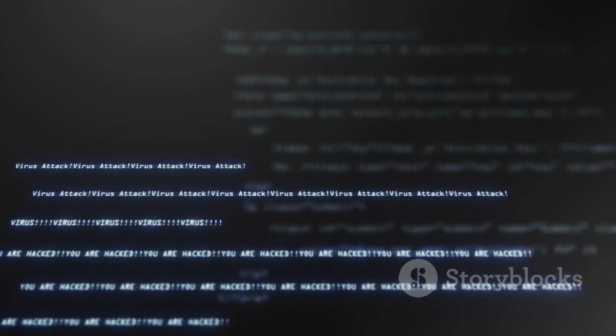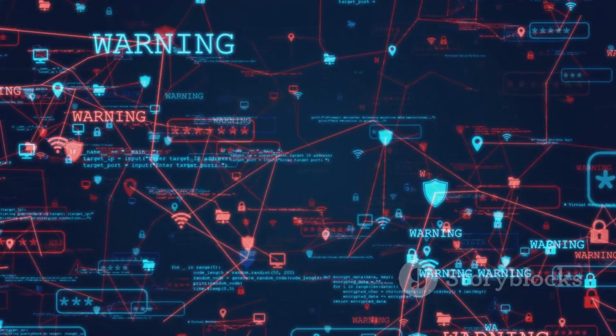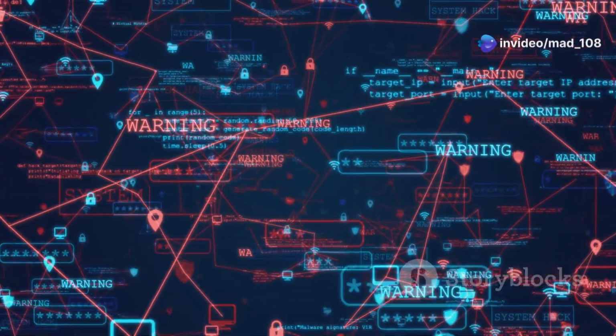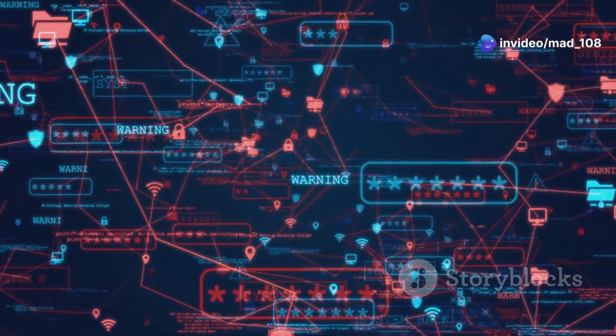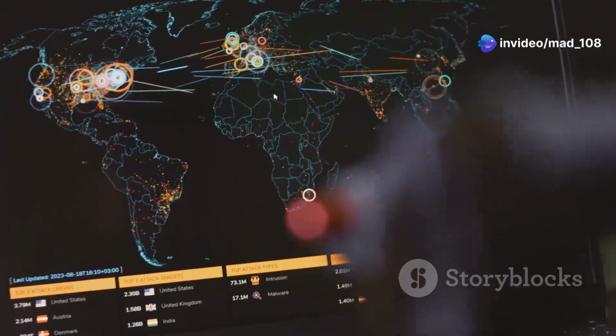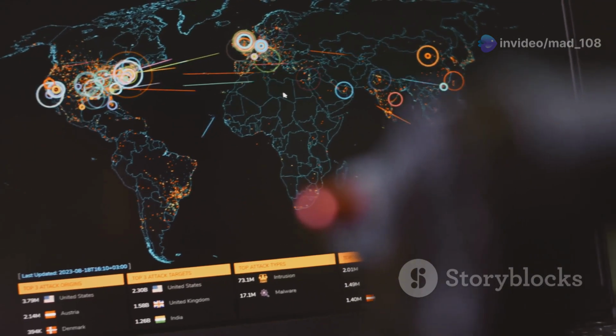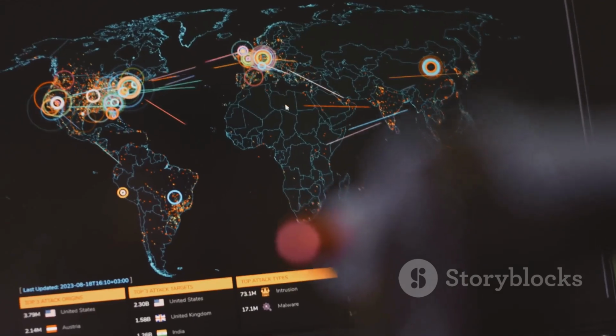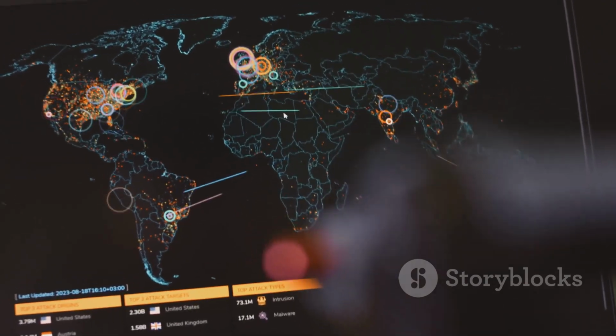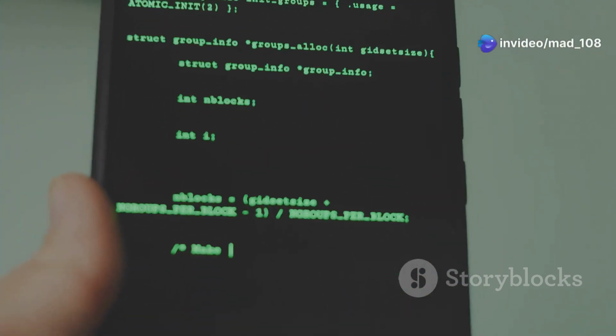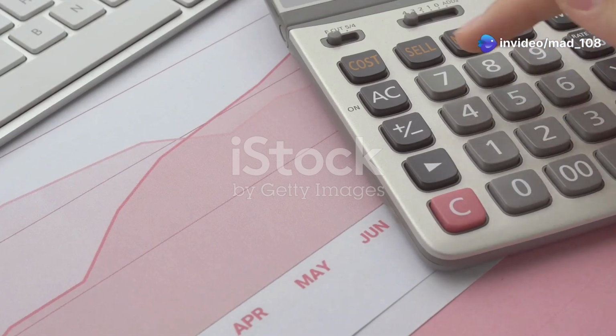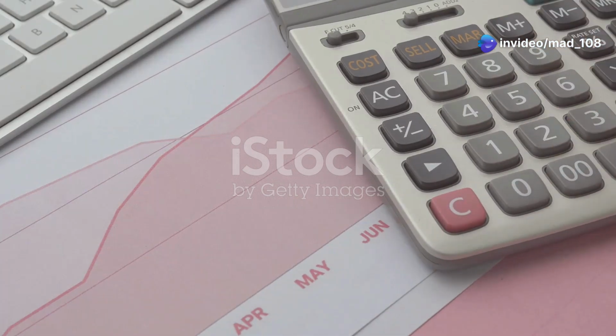MDK3 is another popular tool for launching Wi-Fi attacks. It's designed to exploit vulnerabilities in the 802.11 protocol, including the deauthentication vulnerability. MDK3 can be used to launch a variety of attacks, including deauthentication attacks, beacon floods, and authentication floods. Both aircrack-ng and MDK3 are command line tools, meaning they are controlled using text commands rather than a graphical interface.